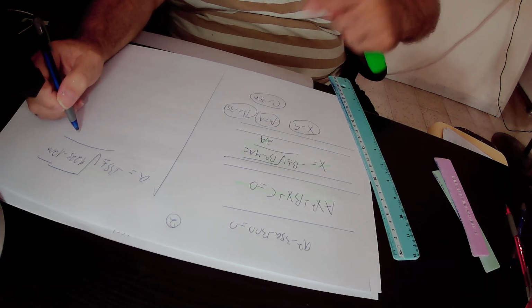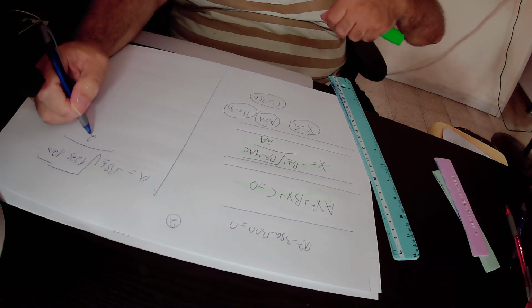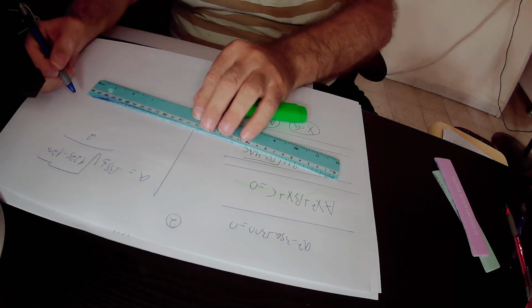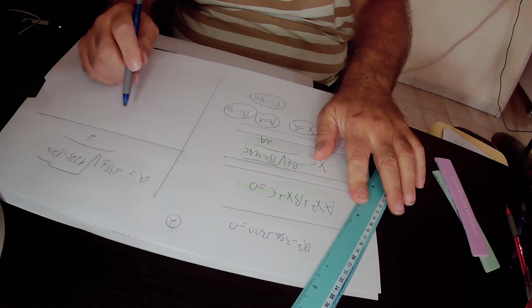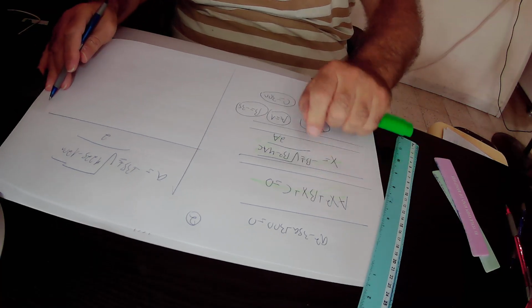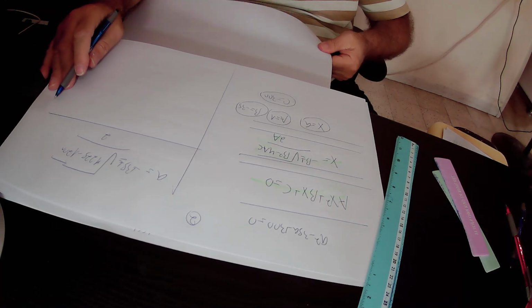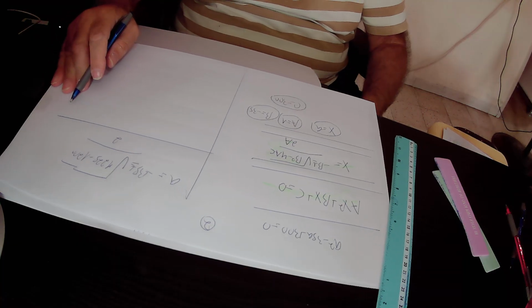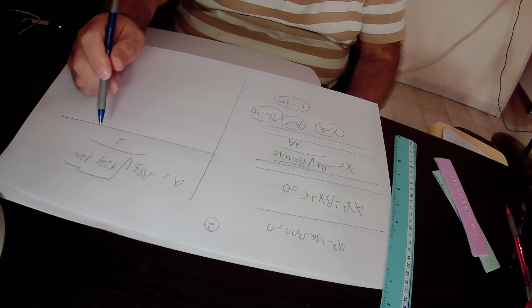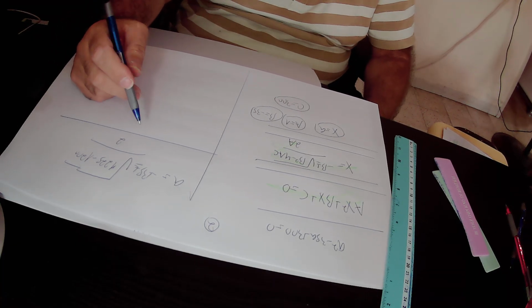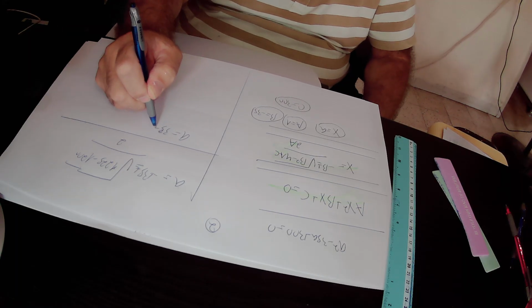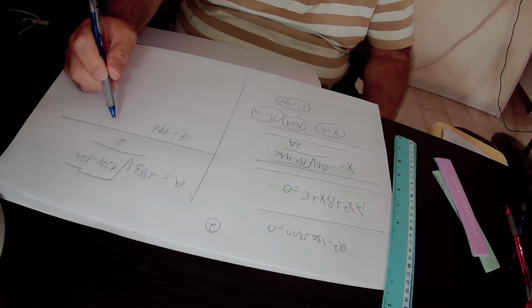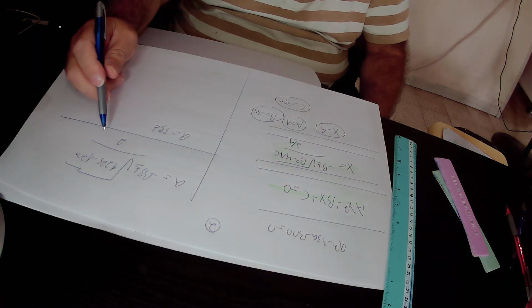over 2a. a is 1, so 2a is 2 times 1, that is 2. So in total, we actually found out that a, the variable that we are looking for in this quadratic equation, equals 45 plus minus the square root of 2025 minus 1200 over 2. So a equals 45 plus minus, 2025 minus 1200 is 825.